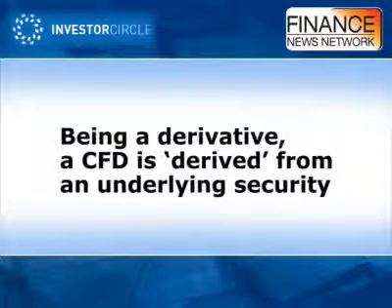CFDs on equities are available on listed markets in Australia, US, Japan, United Kingdom, Hong Kong and Singapore. CFDs are traded over the counter, OTC, between two parties where one of the parties is usually a broker. Being a derivative, a CFD is derived from an underlying security.